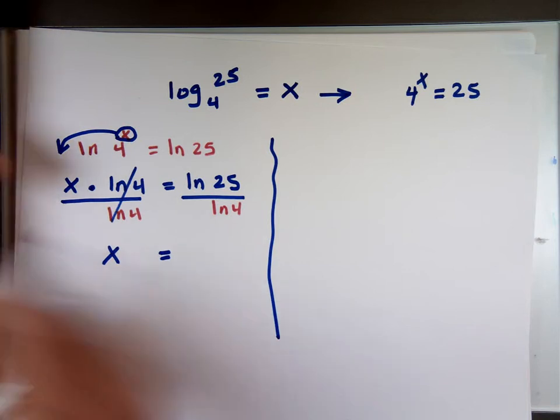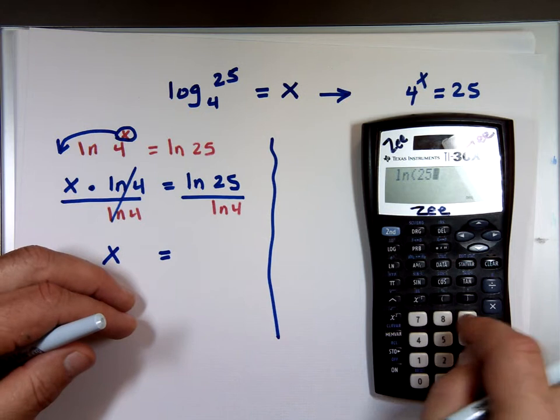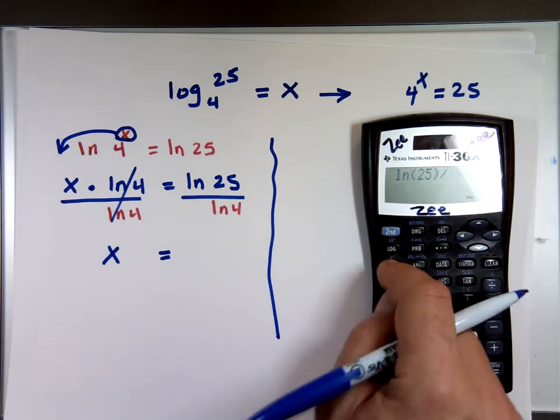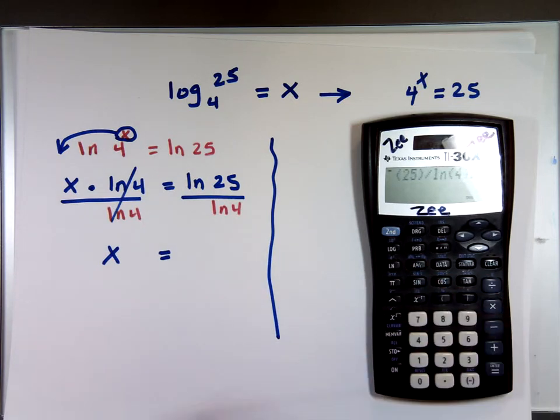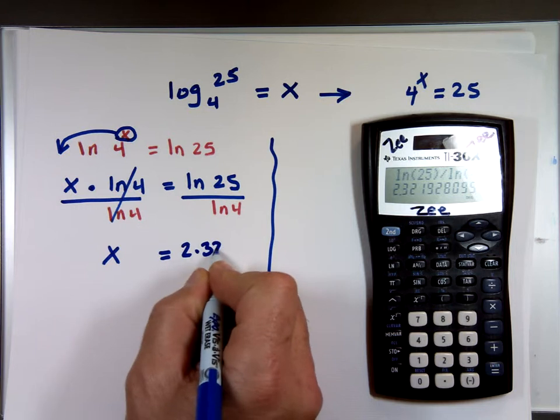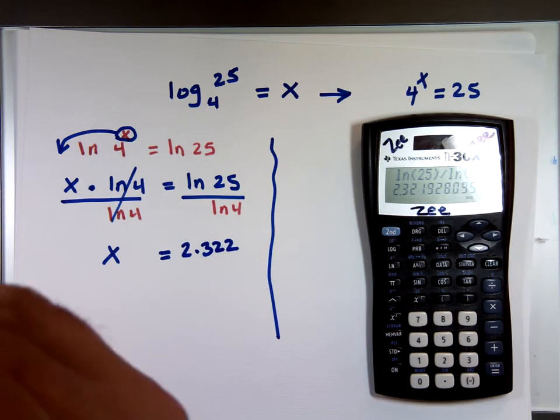If I didn't close them, the calculator is going to divide that number for me, and that'll be wrong. So I'm going to close the natural log 25, divided by the natural log of 4, and close the parentheses on that too. And hit equal. And this one says 2.322.